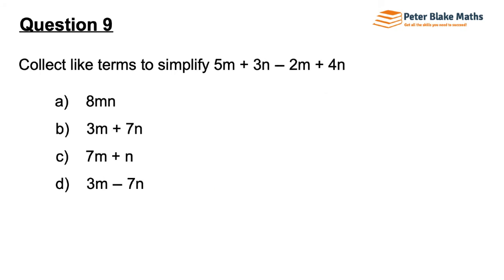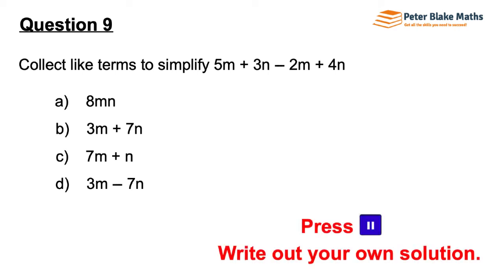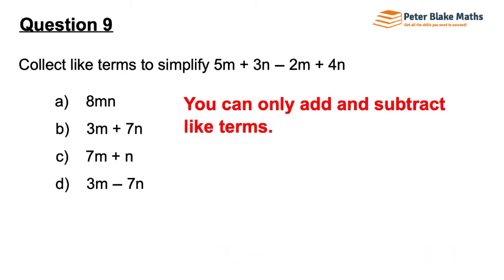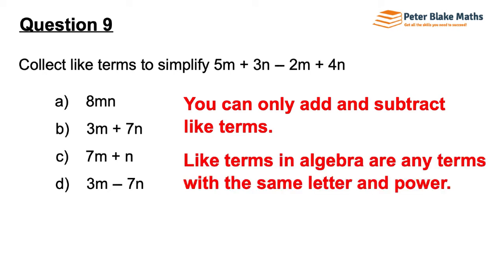Question 9. Collect like terms to simplify 5m plus 3n minus 2m plus 4n. You can only add and subtract like terms, and like terms in algebra are any terms with the same letter and power. We have two pairs of like terms here.